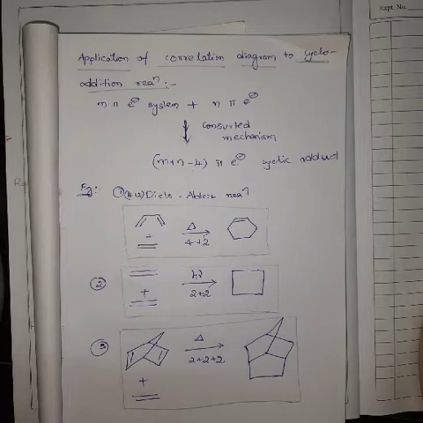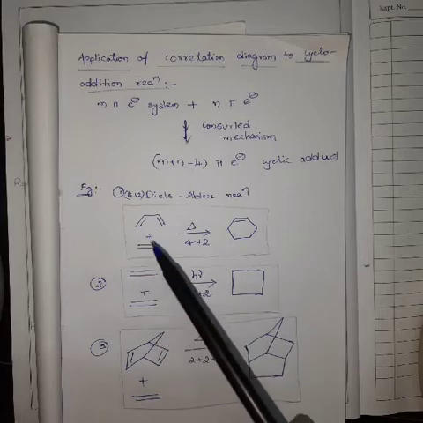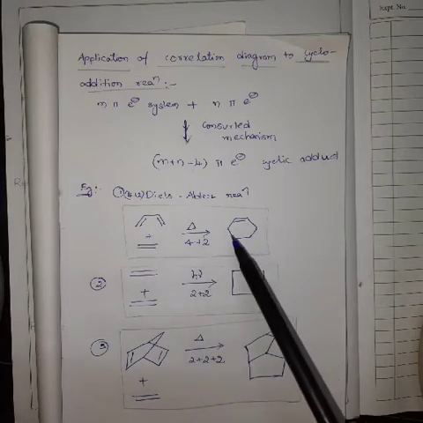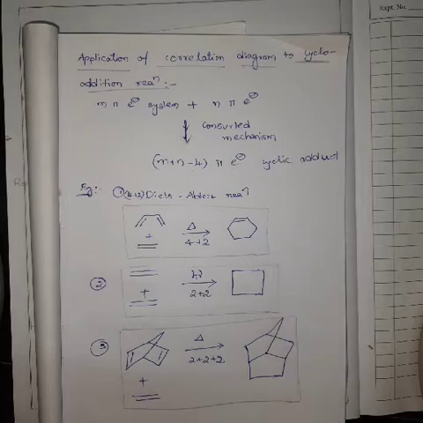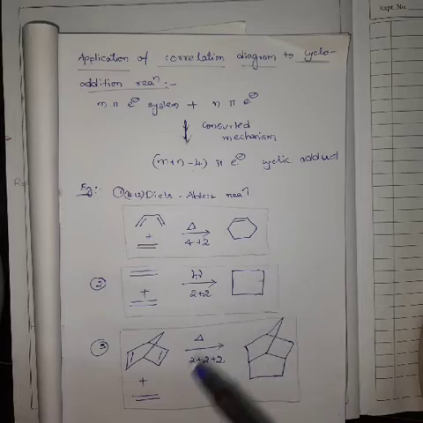In cycloaddition reactions, two pi bonds are broken in the reactant and two new sigma bonds are formed in the product.